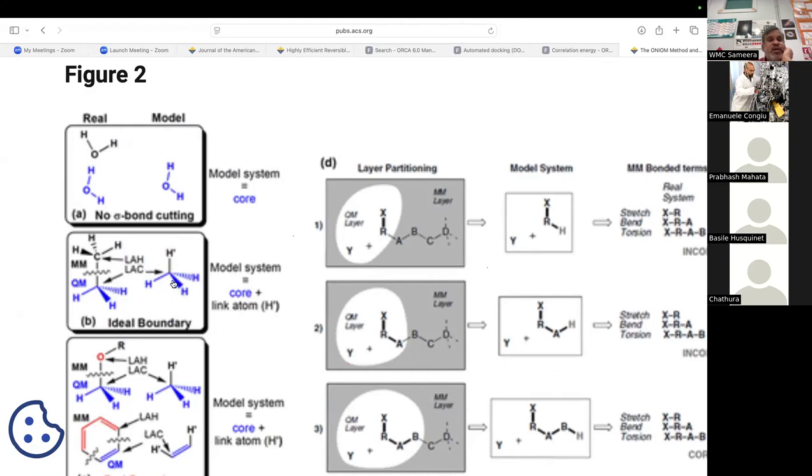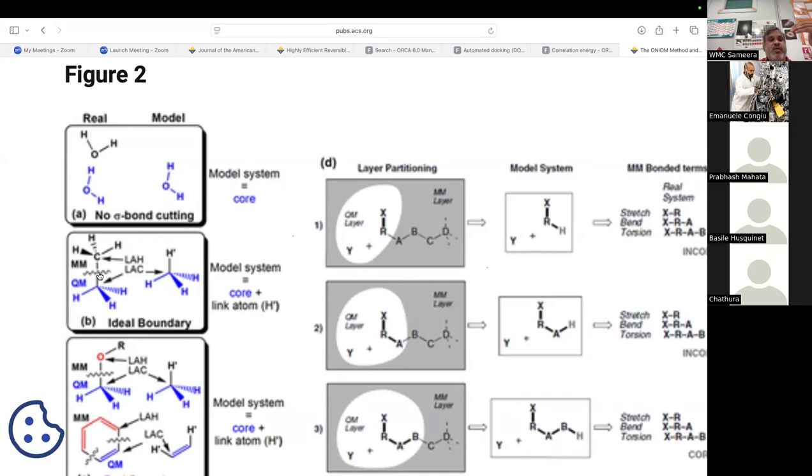We don't really break the bonds, but we do it artificially during the computation, and it's always important to add the link atom during the structure optimization. You don't need to worry about it, because as soon as you define the boundary region, the program knows it should add a link atom here.